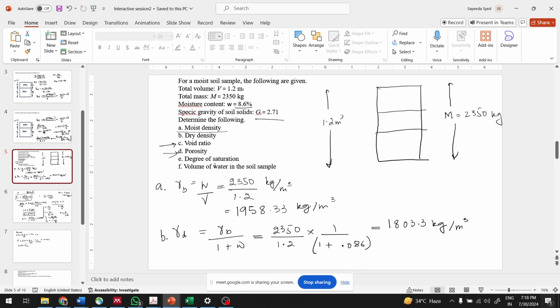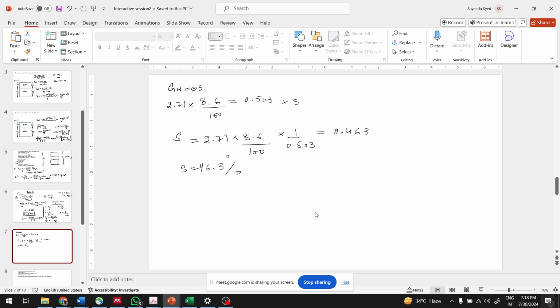Okay, so next is volume of water in the soil sample. How do we calculate the volume of water in the soil sample?